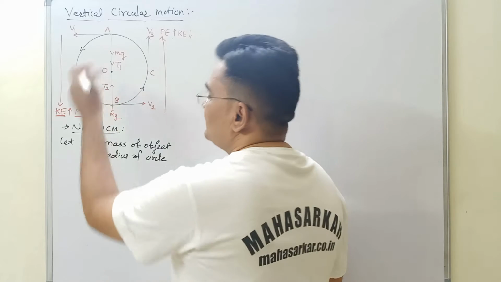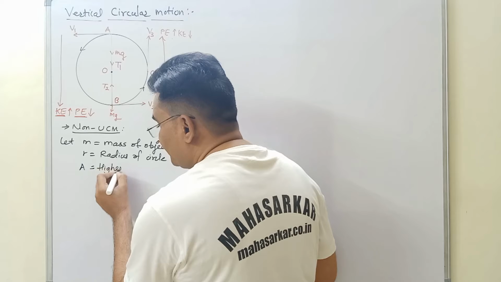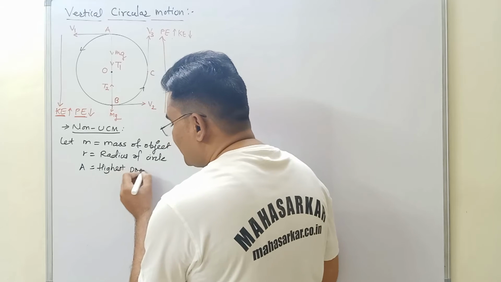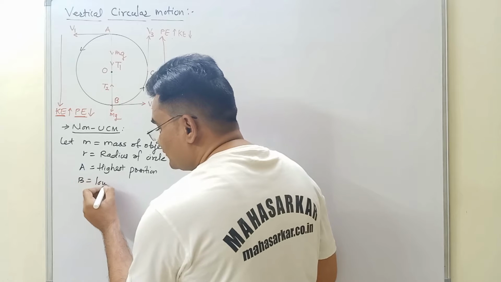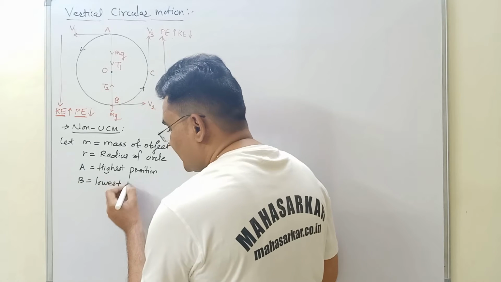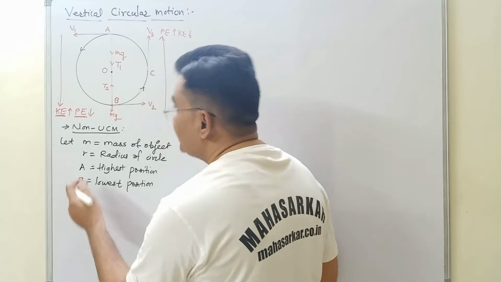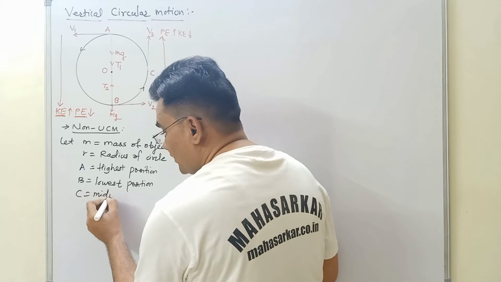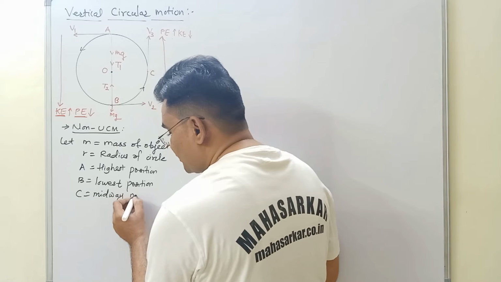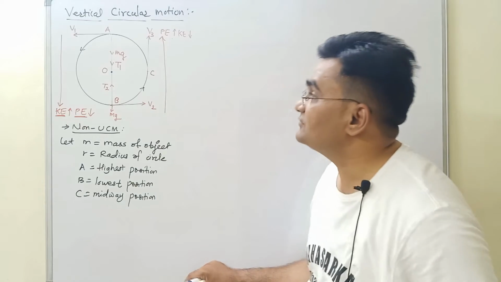Now as I said, say point A is the highest position of the object. Point B is the position very close to the ground, say it is the lowest position. And point C is between A and B, say the midway position. So we consider highest, lowest and midway positions.